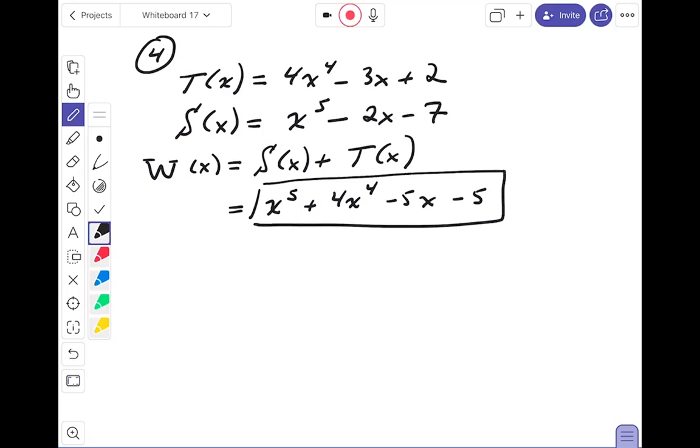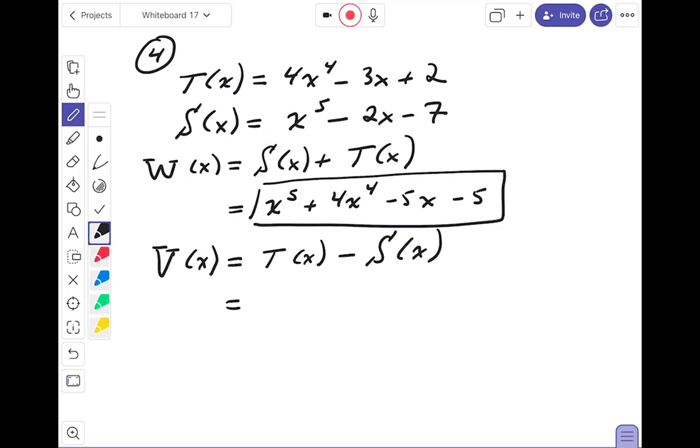All right, what else do they want me to do? They want me to get another polynomial, v of x, which is going to be t of x minus s of x. Now, I'll be honest with you, for a lot of students, subtraction is more difficult than addition because the order matters. And they want t minus s.